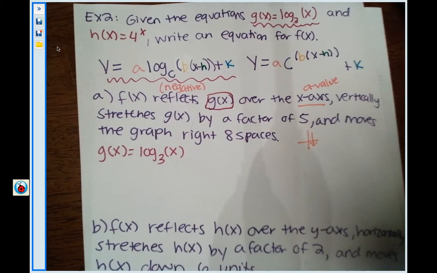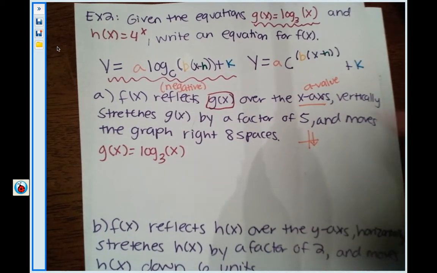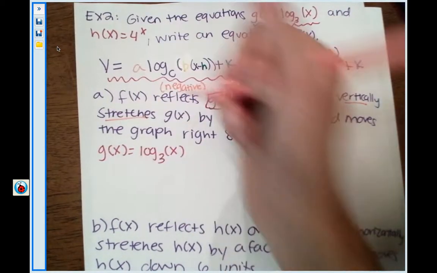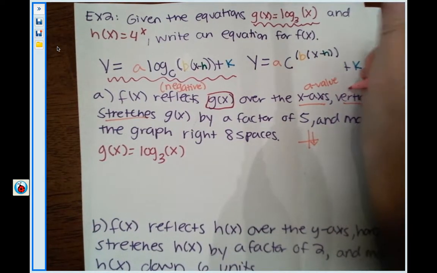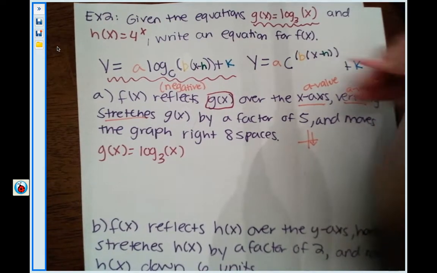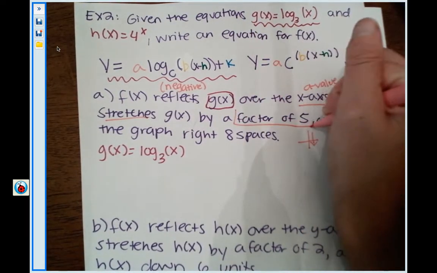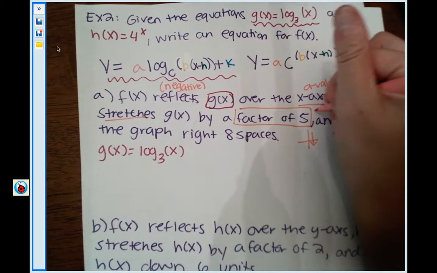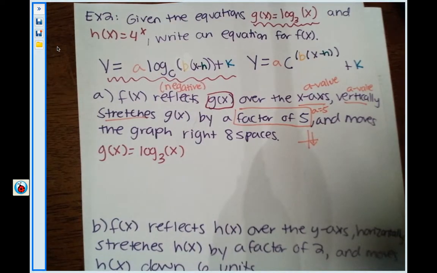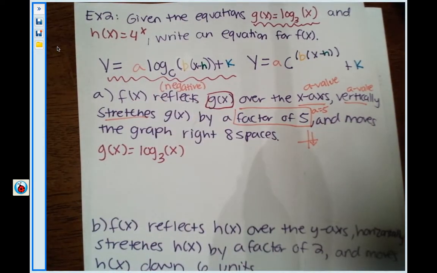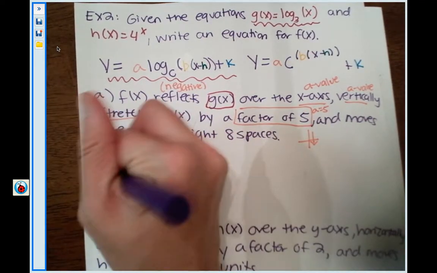Also it says vertically stretches g of x by a factor of 5. Remember, everything vertical pertains to an a value, so this is still an a value, and this tells us what the a value is, the factor of 5. So our a value is going to be 5 here, and since it reflects, it will also be negative. So in the a spot, I'm going to fill in a negative 5.